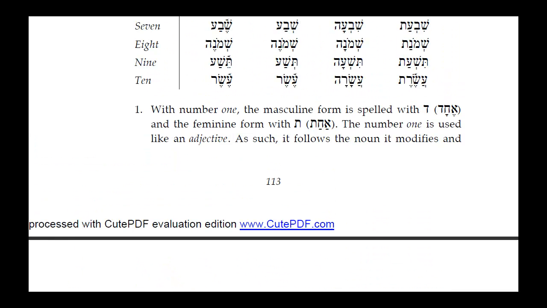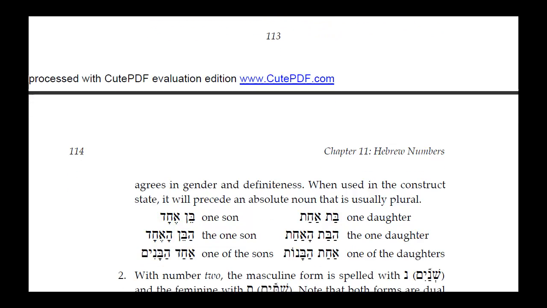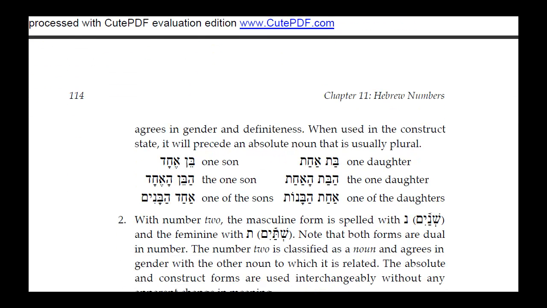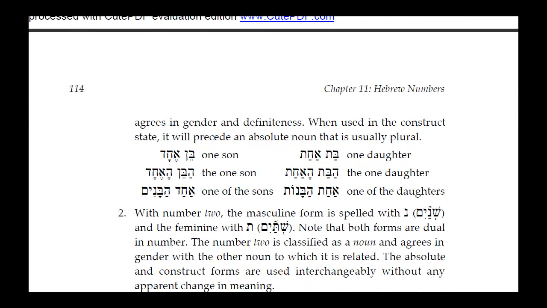Okay, let's go ahead and get back here. With the number 1, the masculine form is spelled with Chet-Dalet, like I said, and the feminine form is with a Tav, so the Dalet drops out. Number 1 is used like an adjective. As such, it follows the noun that it modifies and agrees in gender and definiteness.